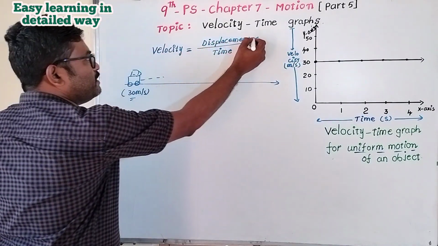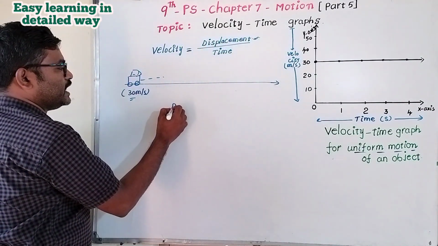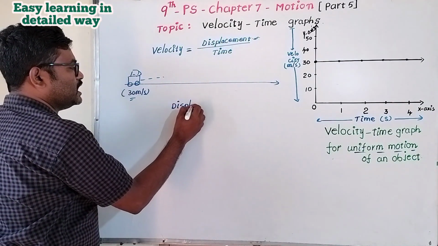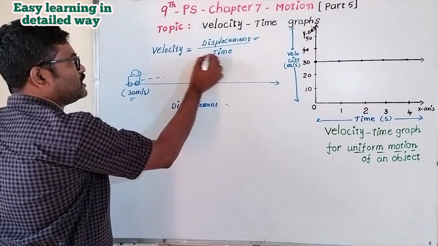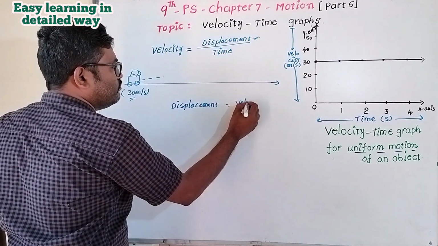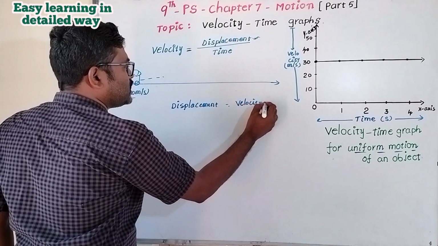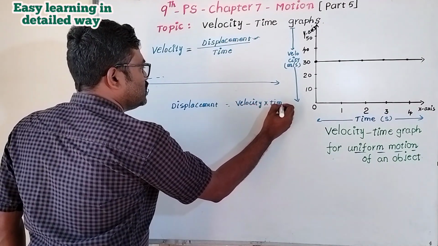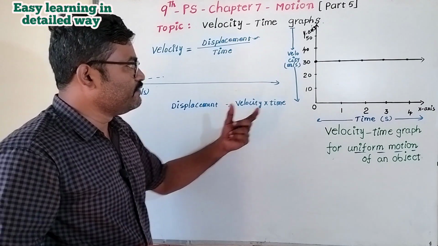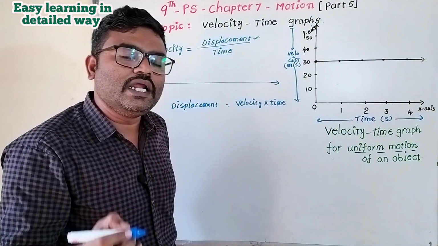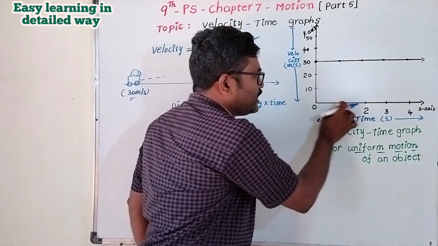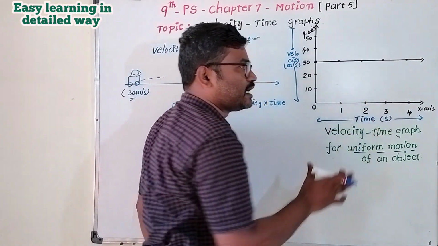Taking displacement as subject, displacement is velocity into time. Here the velocity is 30 meter per second, and this axis represents time.